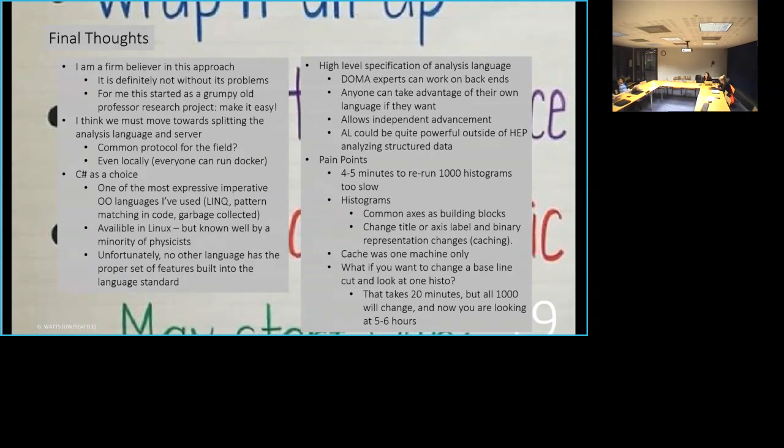A functional language, like some OCaml-based beast, might be a possibility, and that's because one of the big pain points with C# is that when you ask for 1,000 plots and you want to manipulate those 1,000 plots, being able to do that in a transparent way is not trivial.